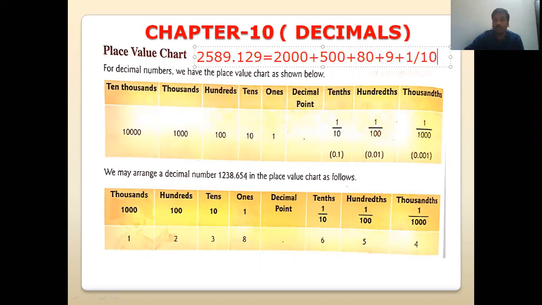And now plus 2, the second place after the decimal is 2, and we write 2 by 100, and plus 9 by 1000. Why 1000? Because the 9 is the third digit from the decimal point toward the right side. Okay, so in this way we can write any decimal number in expanded form.